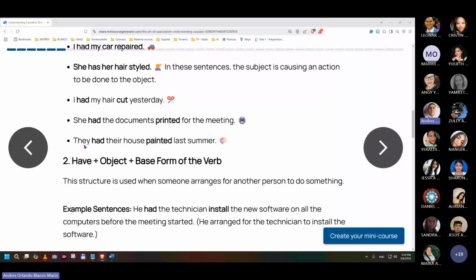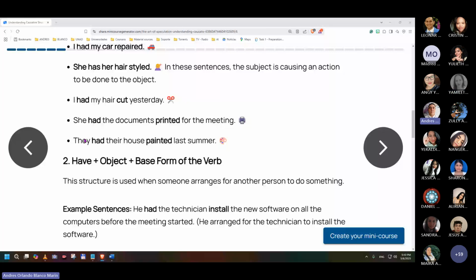She had the documents printed for the meeting. What's the object? The documents. What happened to the documents? They were printed for the meeting.